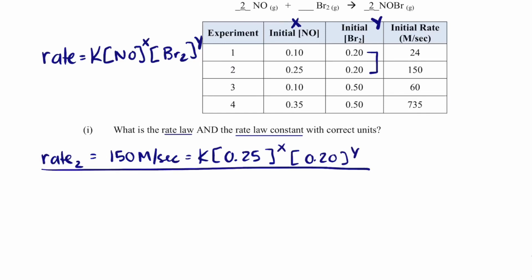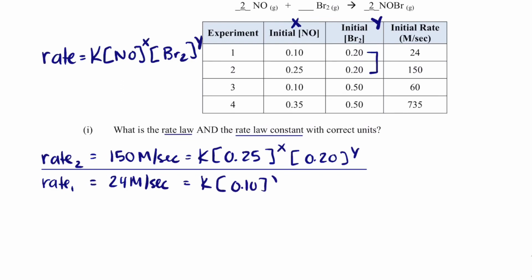I'm going to divide all that by rate 1, 24 molarity per second, which equals K, 0.10 to the X power, 0.20 to the Y power. So Y cancels and K cancels. 0.25 divided by 0.1 is 2.5 to the X power, and 150 divided by 24 is 6.25.